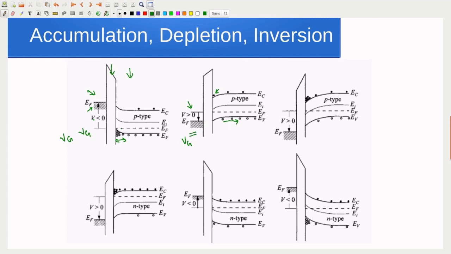The Fermi level at the metal side has moved down when compared to the Fermi level at the semiconductor side. The difference here will also be the applied voltage Vg. This type of action is known as the depletion.